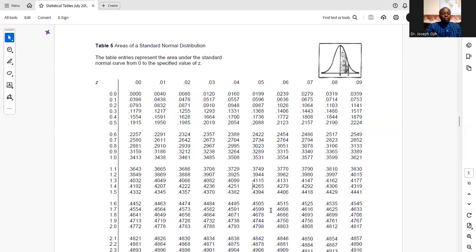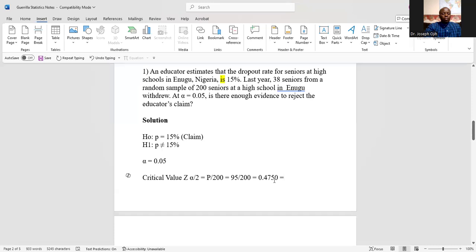Now, in that table, you look for the value 0.4750. So I'm going to write it down. Look for it inside the table to get the Z value that corresponds to that.